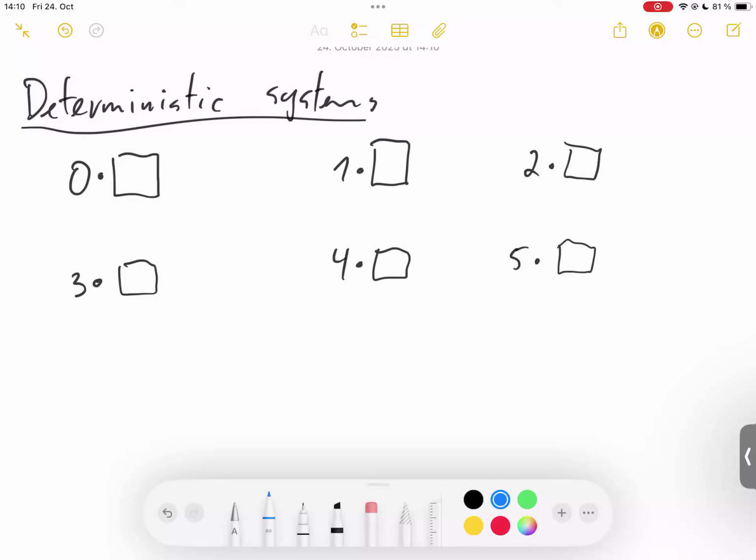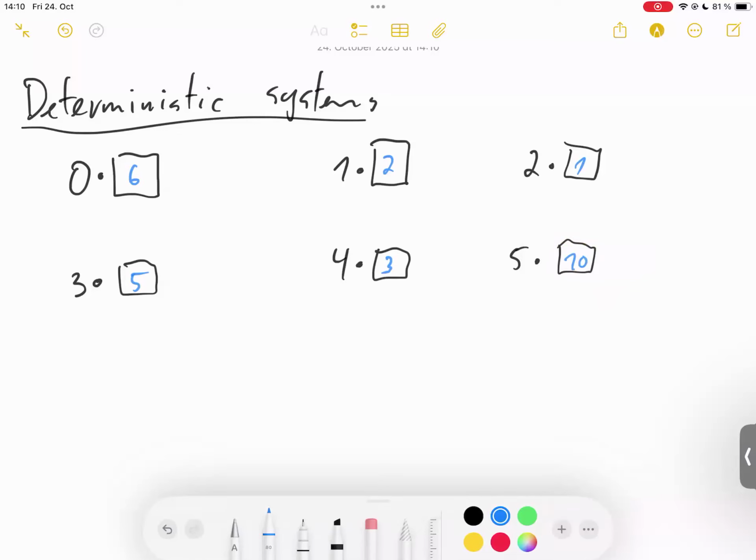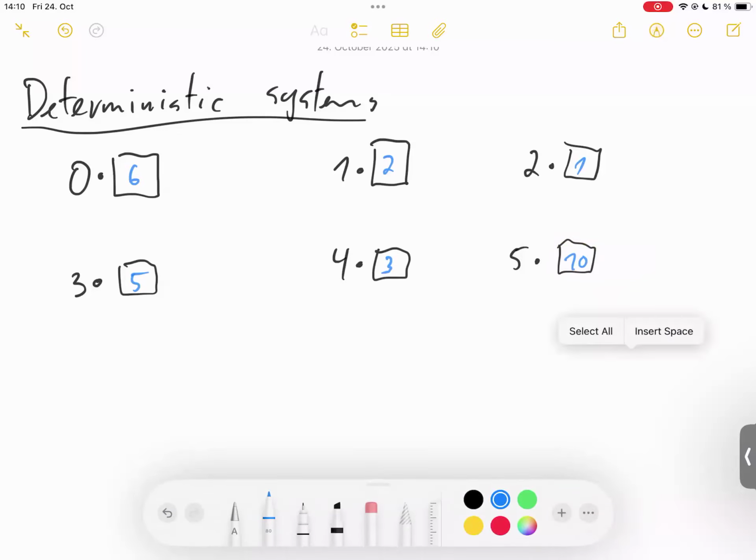We can say in here now, we could have 6 marbles in position 0, 2 marbles in position 1, 1 marble in position 2, 5 marbles in position 3, 3 marbles in position 4, and 10 marbles in position 5.